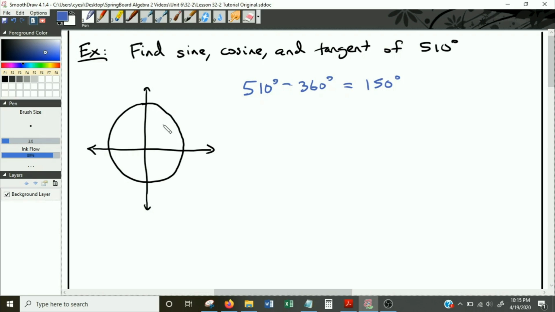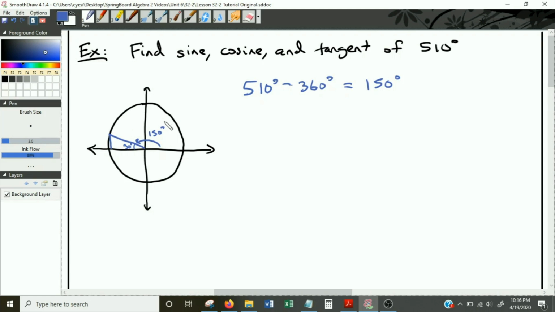So it's 150. 150 is 30 away from 180. I know this is 180 right here. If I go 30 less than that, it's going to be something like this, where this is 150 and this angle is 30.